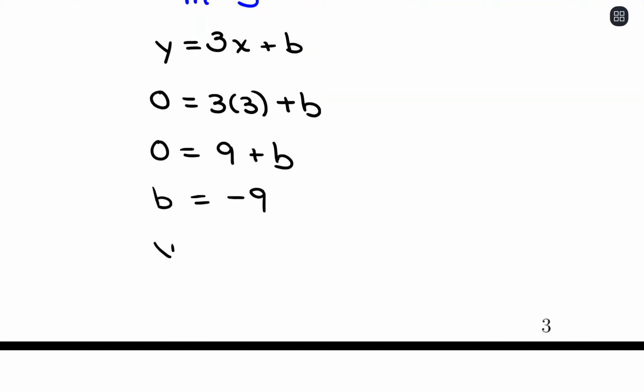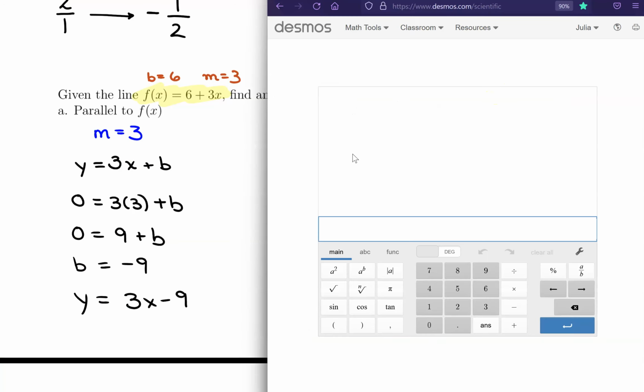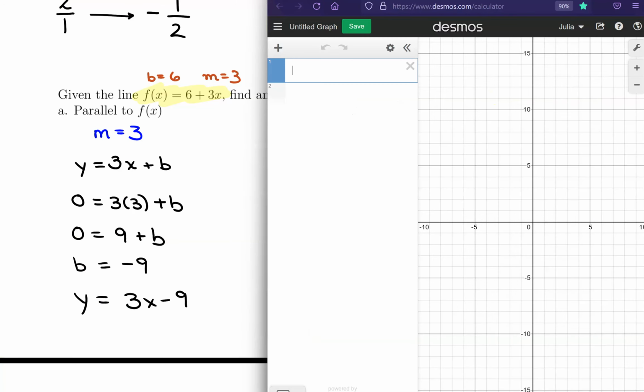So the equation y equals 3x minus 9 should be parallel and go through the coordinate (3, 0). Let's confirm that by graphing it in the Desmos graphing calculator. I'm going to graph 6 plus 3x. Here's my line.